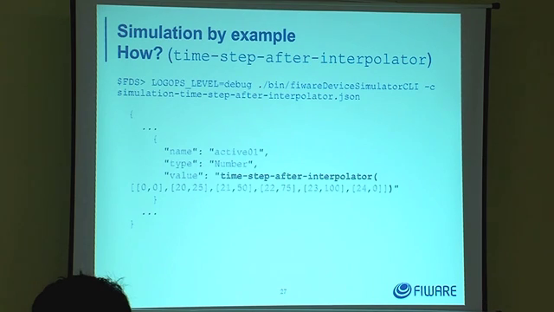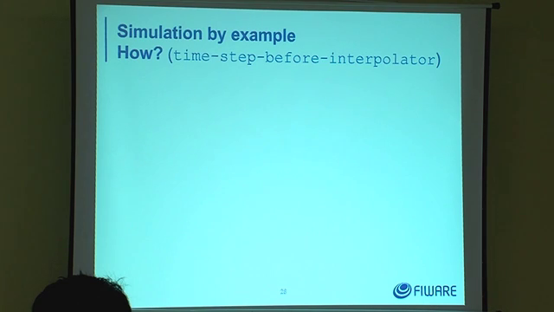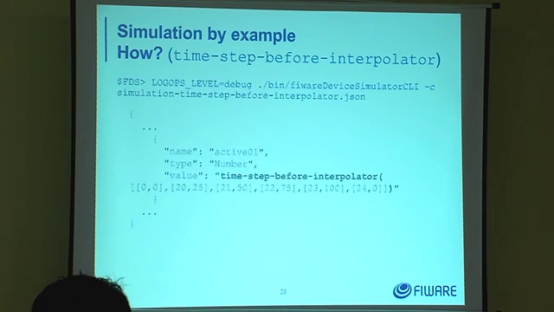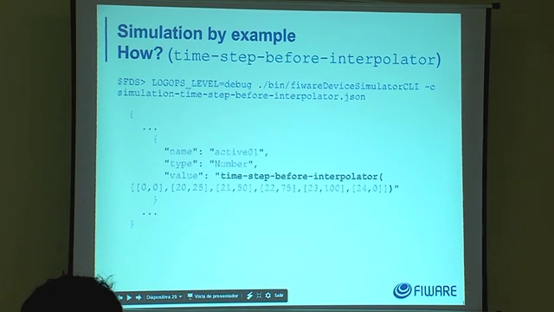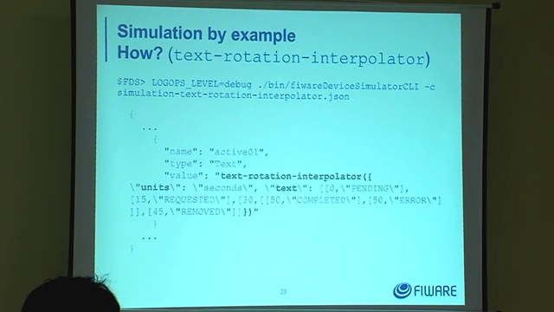Just as we have the time-step-after-interpolator, there is also the time-step-before-interpolator, which basically is the opposite. In this case, from 8 p.m. to 9, it will be getting the value of 50. Between 9 and 10, it will be getting the value of 75. Once again, another typical interpolator to allow you to model your concrete data.